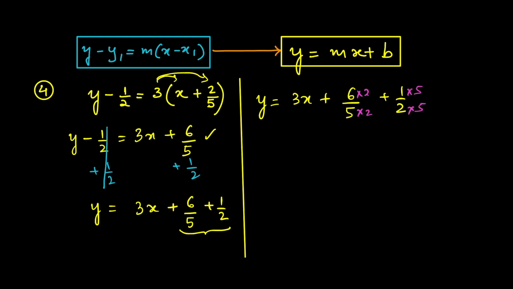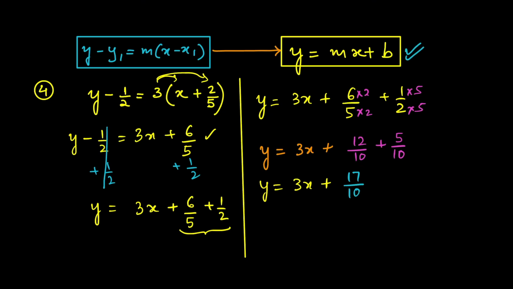So y equals 3x plus 12 over 10 plus 5 over 10. So next step we write y equals 3x plus 17 over 10. So if we compare with this one, the m value is 3 and the b value is 17 over 10. So this is the slope, this one is the y-intercept.